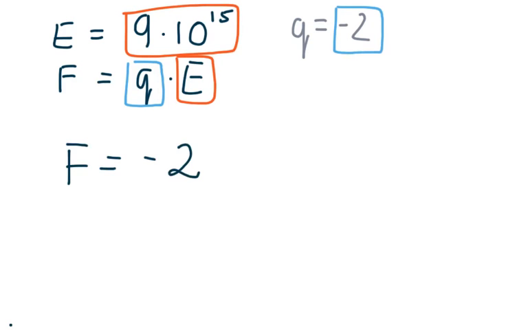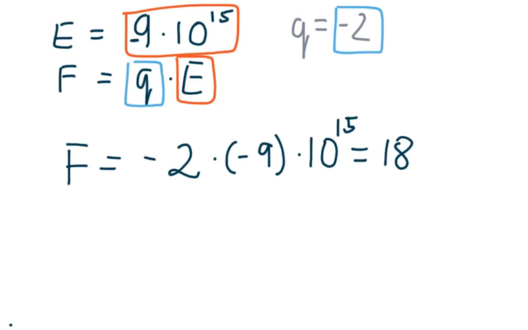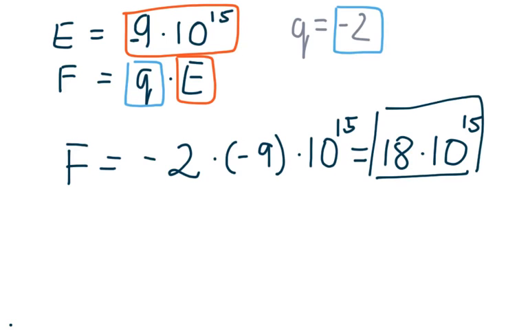I forgot this is negative 9. So we have negative 2 times negative 9 times 10 to the 15th power, and negative 9 times negative 2 is 18, since the 2 minuses go away, times 10 to the 15th. Okay, and that's our force. And that will be it.